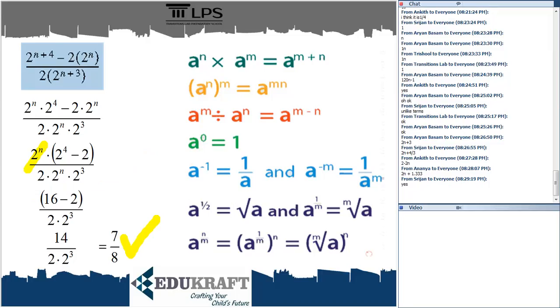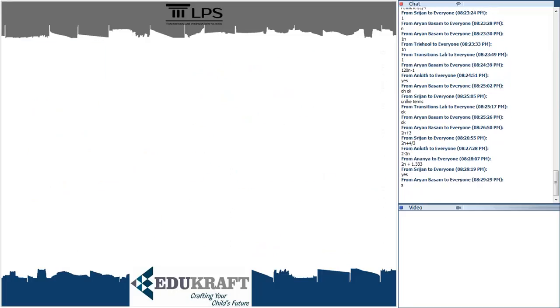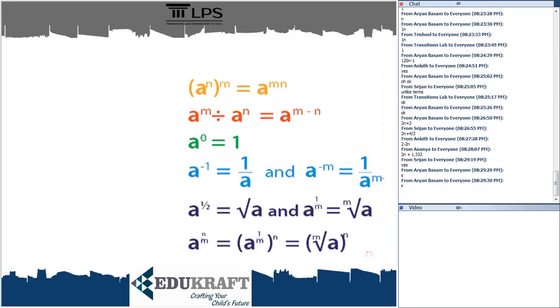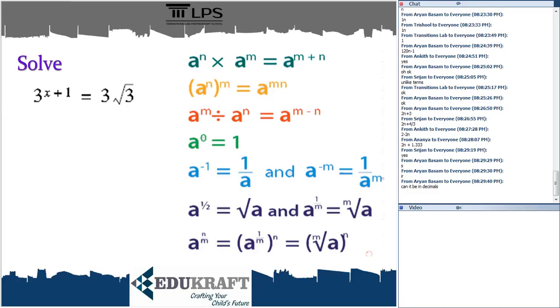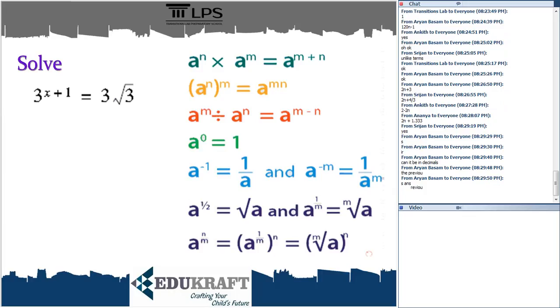Okay, let's go to the last question of today's session. The formula appears, and that is the question. The problem is on the screen.